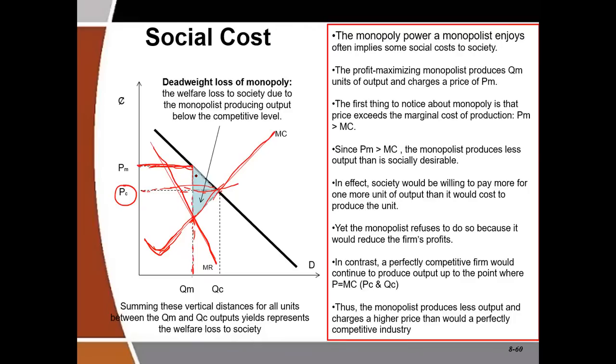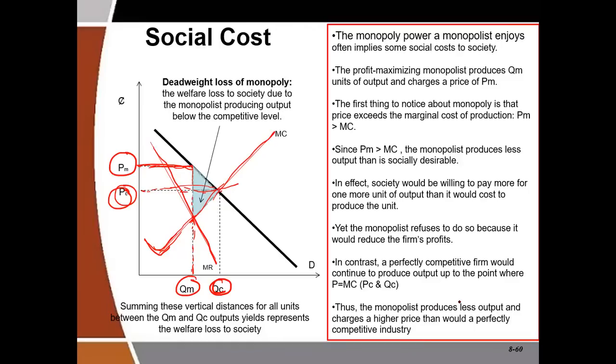Now what happens is that the monopolist always produces less output. This is the output and price of a perfect competitor. This is the price and output for a monopolist.